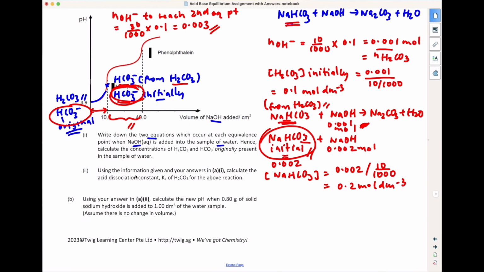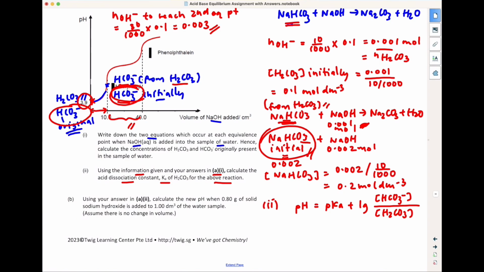Then they say, using information given and answers in A part 1, calculate the acid dissociation constant of the above reaction. So we're going to use this point because this value is given, 3.9, and this is a buffer. Because it's a buffer, we apply the buffer formula: pH equals pKa plus log of the concentration of the conjugate base over the acid.